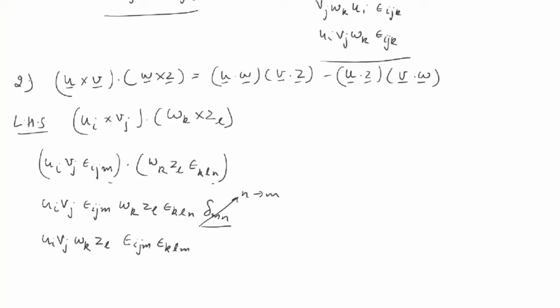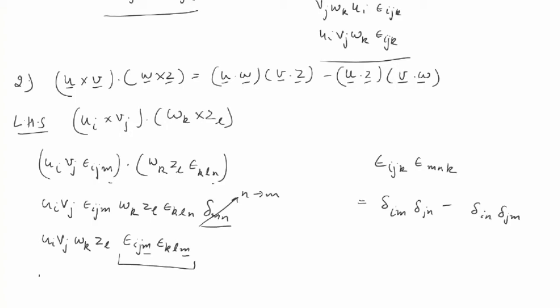Now, i j m and k l m. When one of these indices is the same in the permutation symbol, we can use an identity and change it into the form of a Kronecker delta. The identity is given on page 811 of Bird, Stewart, Lightfoot. The identity is that e i j k e m n k is equal to del im del jn minus del in del jm.